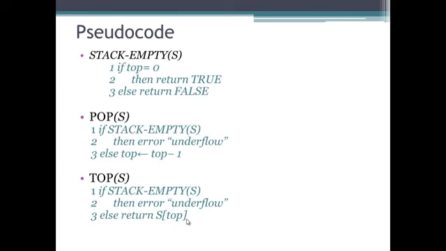Coming to the pseudocode of pop, as I told, we have to check whether the stack is empty. If it is empty, you print the error stack underflow. Otherwise, we decrement the top so that the top will be pointing to the element which is below the current top.